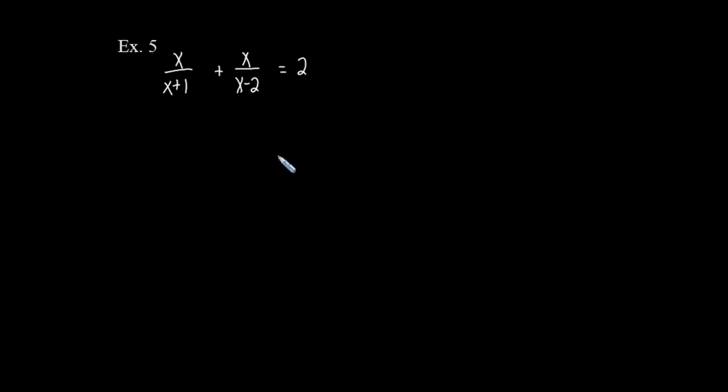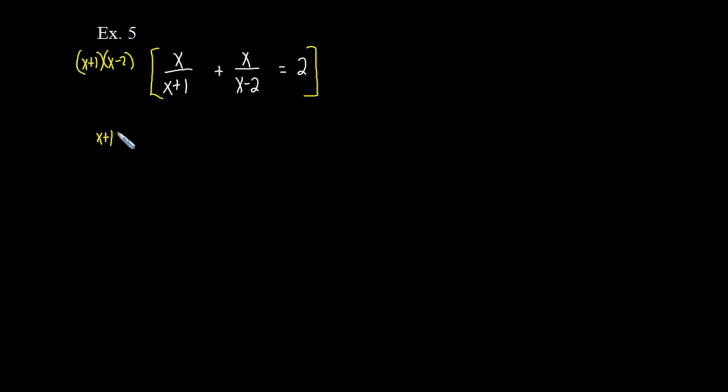Alright, so in example 5, we have, again, a complex denominator. We have two binomials. We can just multiply through by x plus 1 and x minus 2. If you can track visually this multiplication, you don't have to write out this next step, but I am going to go ahead and write it out.